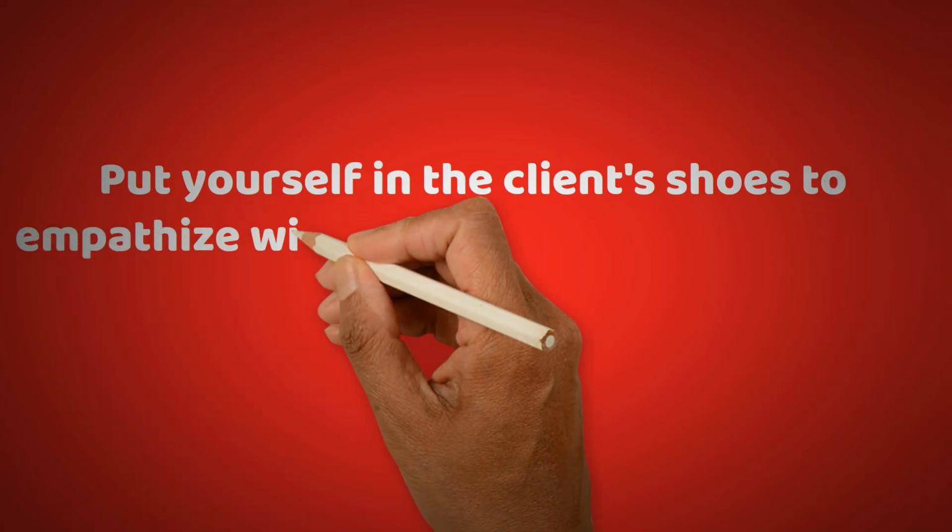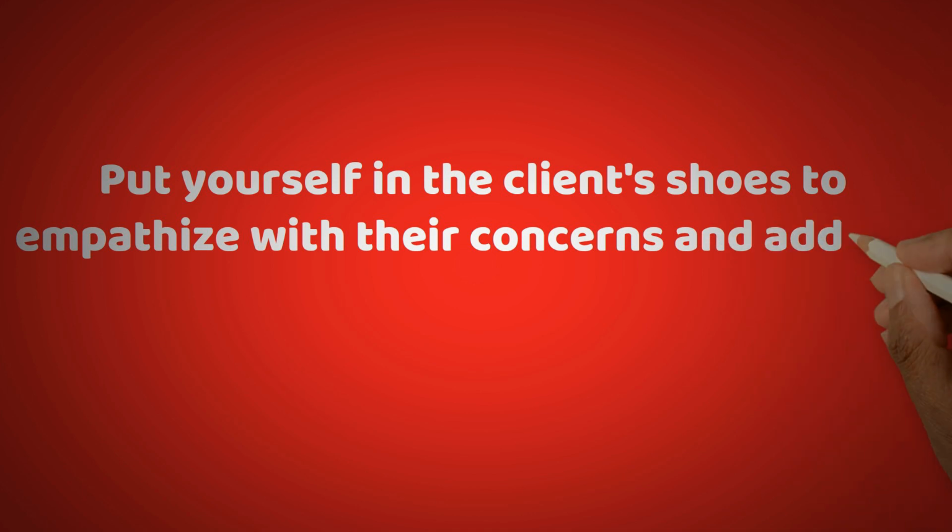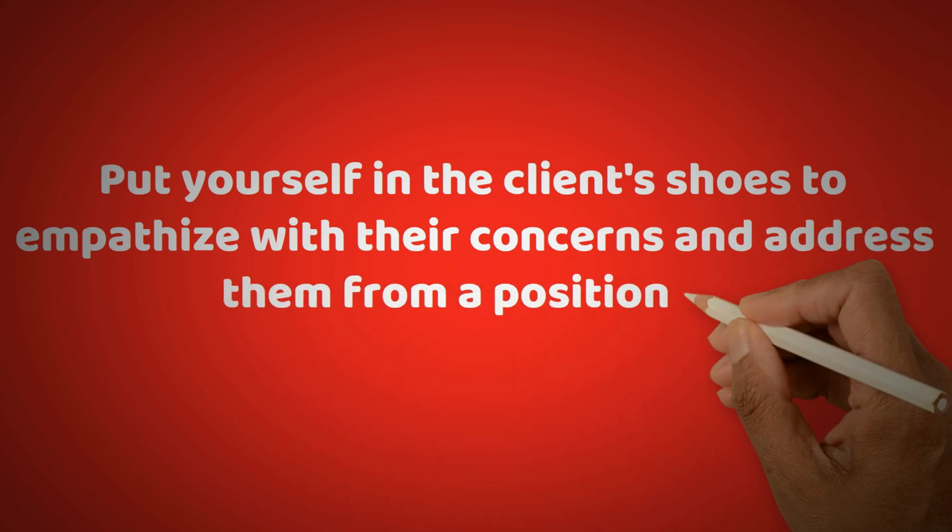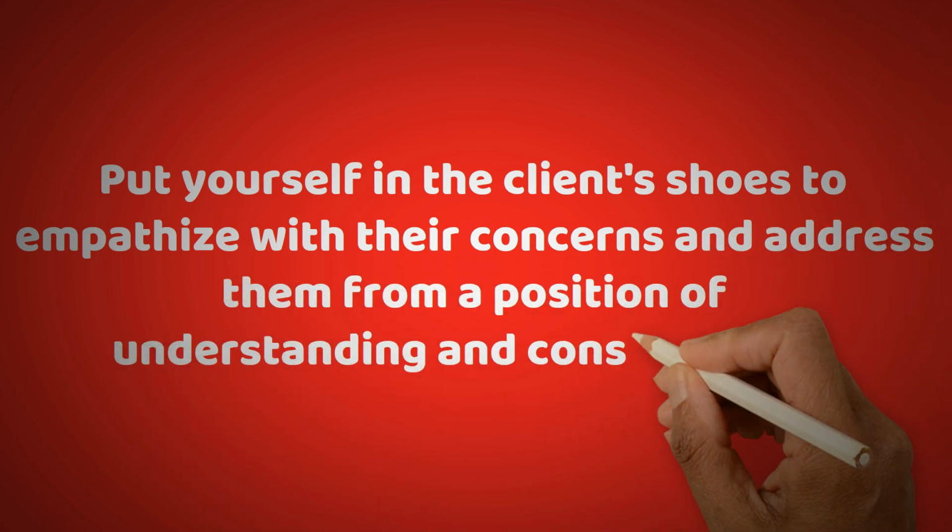Okay. So when you put yourself in client's shoes to empathize with their concerns and address them with a position of understanding and consideration, you try to think from their perspective, and then when you come up with a solution, it definitely hits the client because you provided them the solution that they were looking for. Okay, so empathy is another thing that you need to understand.